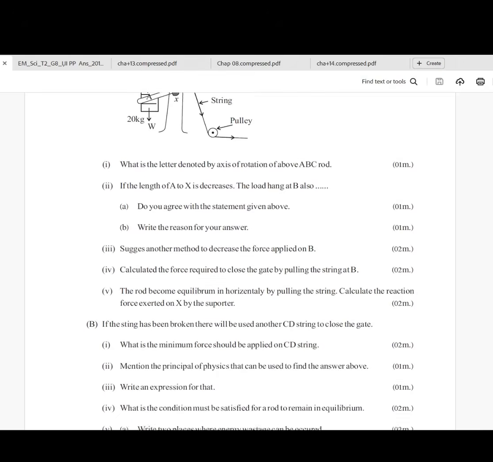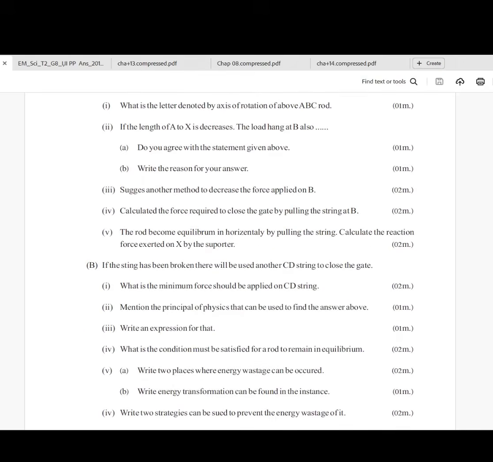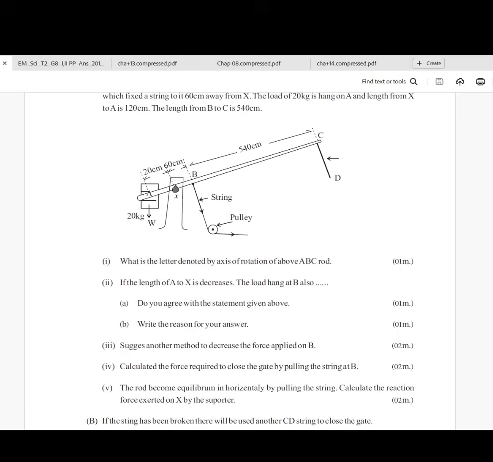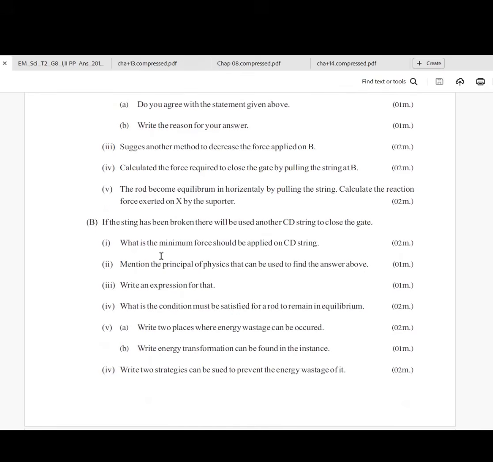If the string has broken, another CD string will be used to close the gate as given here. What is the minimum force that should be applied on the CD string? So that also we have to find the moment around that X point. 200 multiplied by 120 equals 600 multiplied by the force.